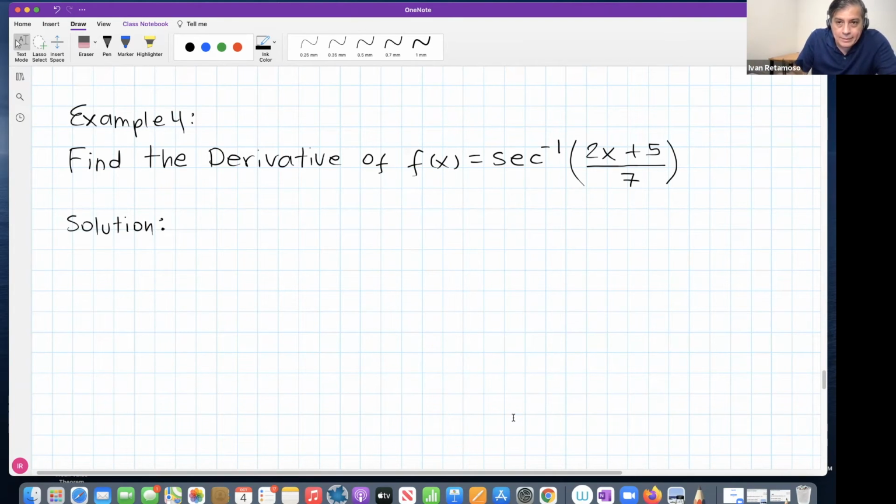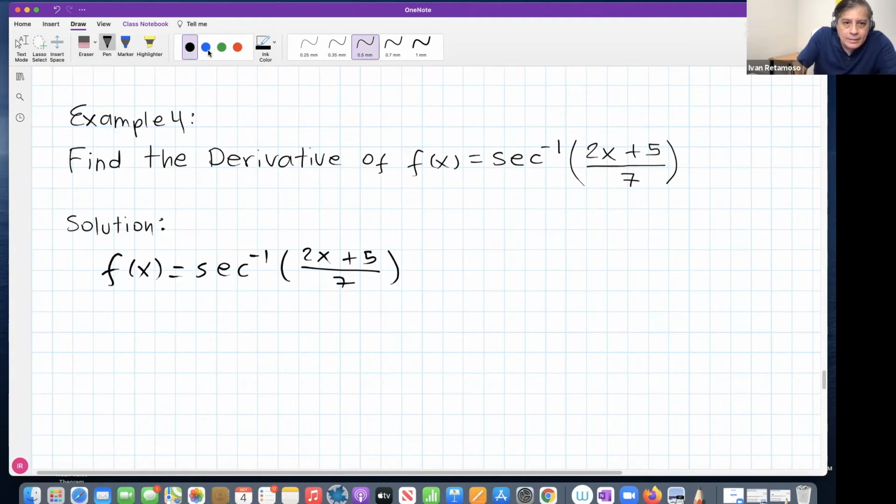Solution: identify clearly what is your outside function and what is your inside function. Let's mark in blue the outside function, secant inverse. Outside function.